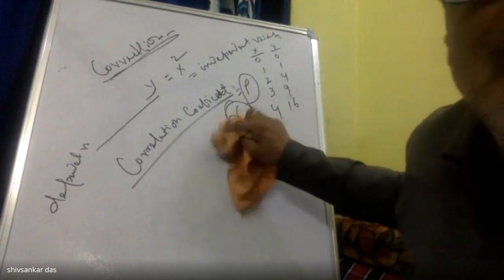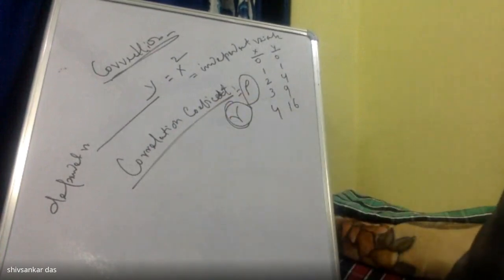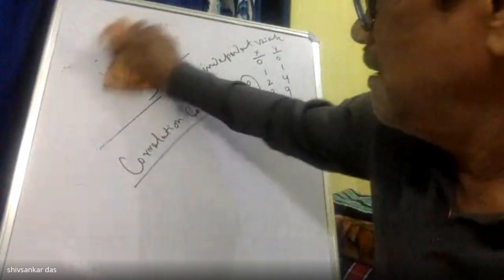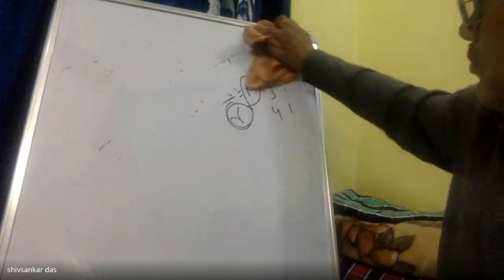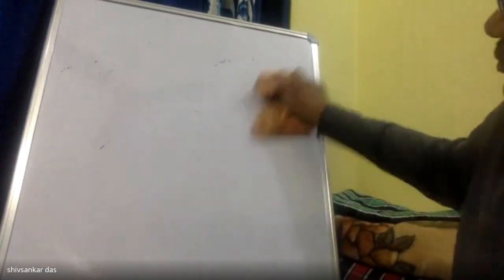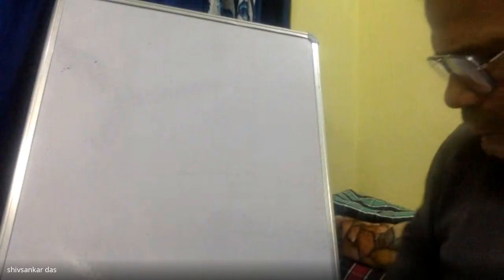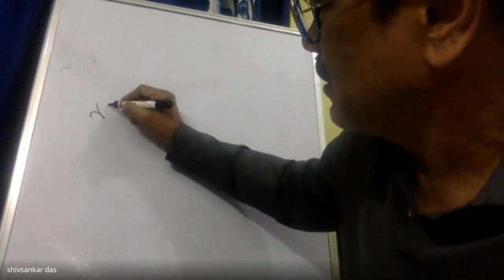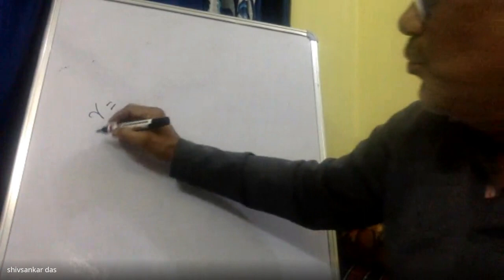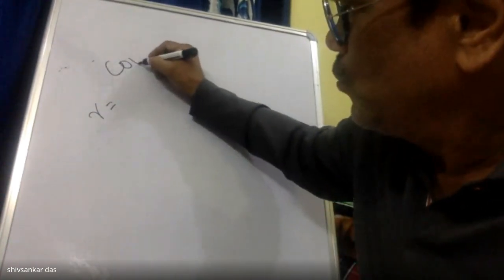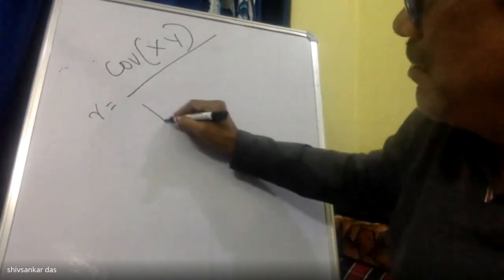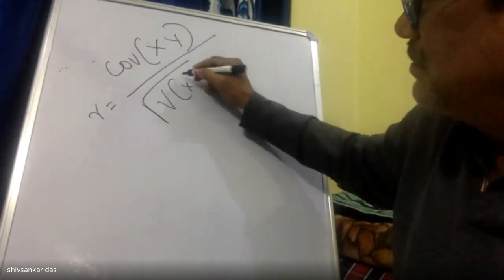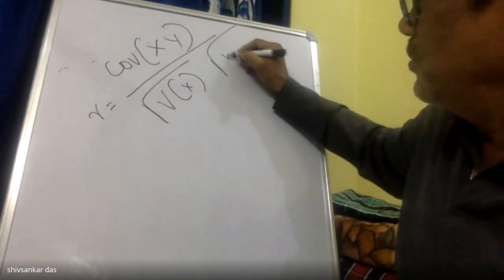Now, how will you calculate R? Please write: correlation coefficient R is equal to covariance of x and y divided by the root over variance of x and variance of y.